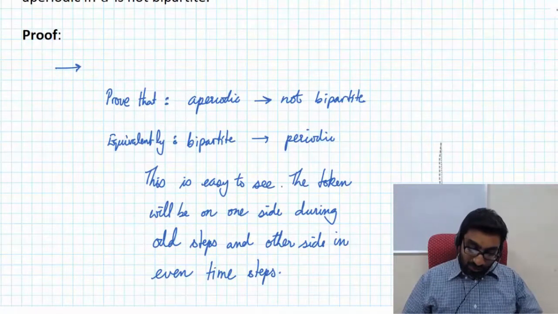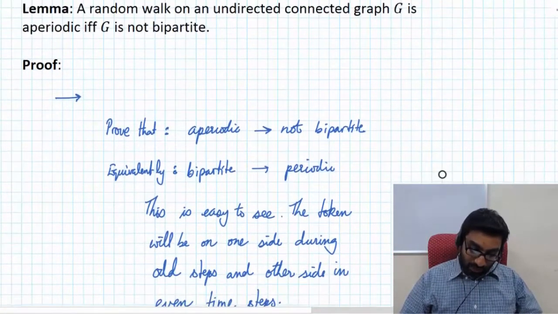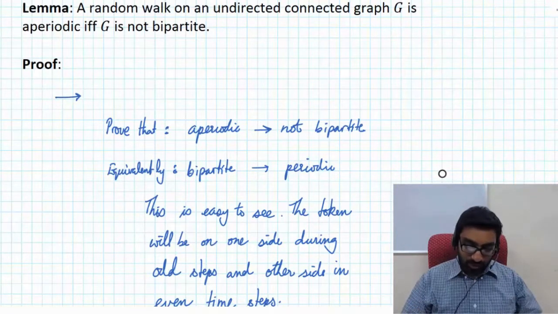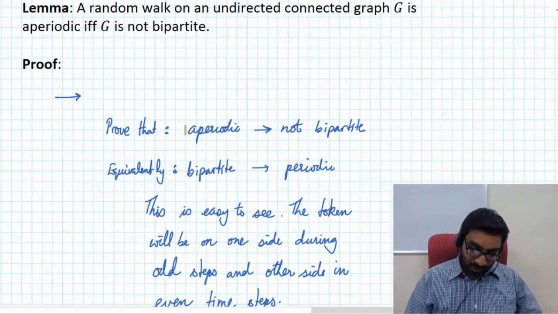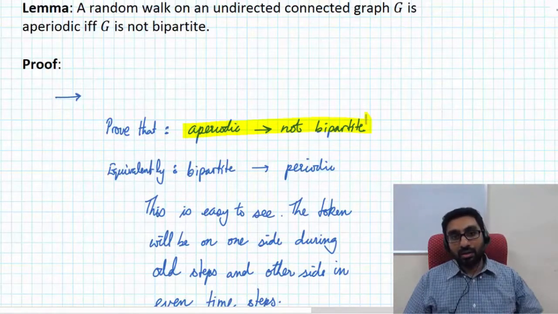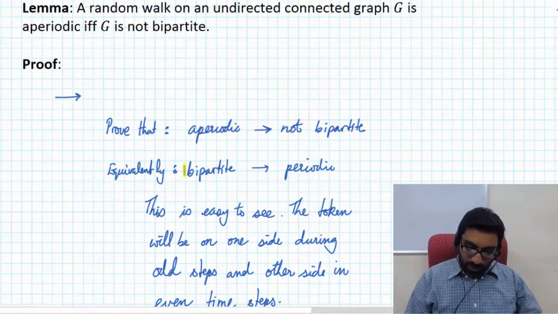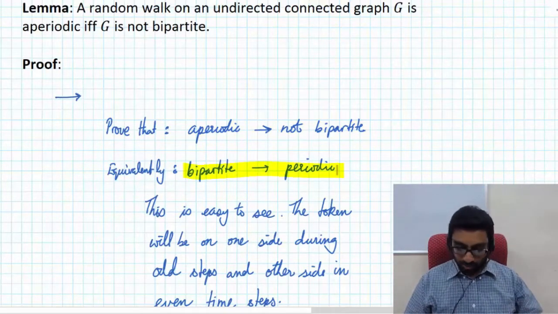Okay, so this is an if and only if statement. So the proof has to go in two directions. The first direction that we're going to prove is aperiodic implies not bipartite. Or equivalently, let's look at the contrapositive. Bipartite implies periodic.